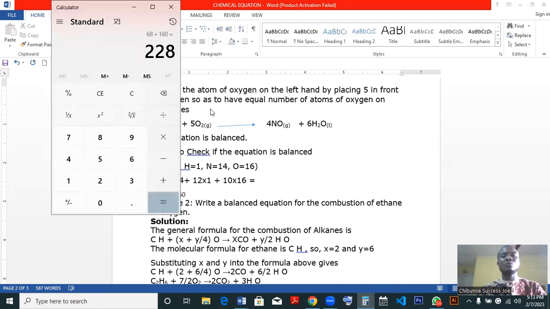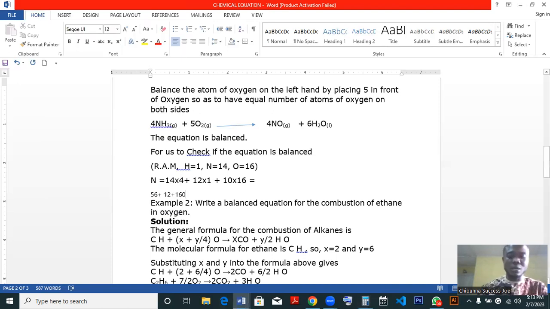So this will be our 228. So here on the left-hand side, we have 228.